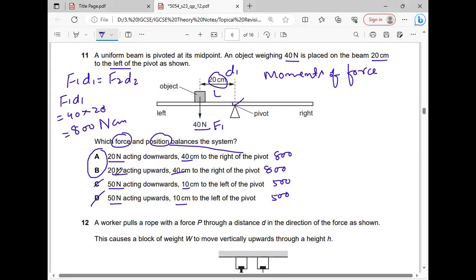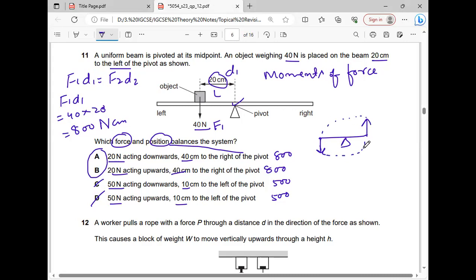Let's see option B. 20 Newton force acting upward, 40 centimeter to the right of the pivot. One force is acting downward, the other force is acting upward. Now this will not keep the beam in equilibrium, due to the upward force of 20 Newton on the right side.